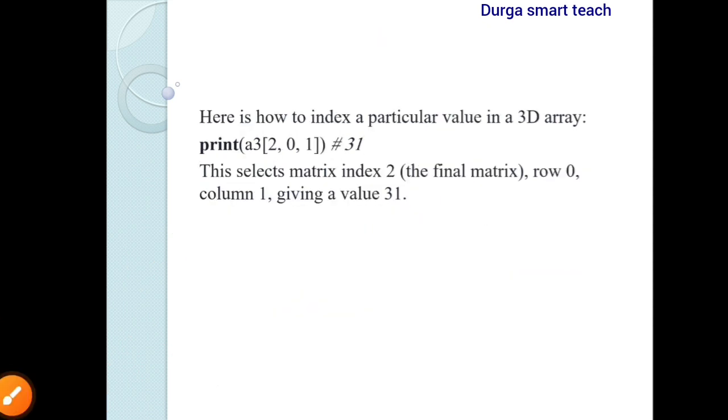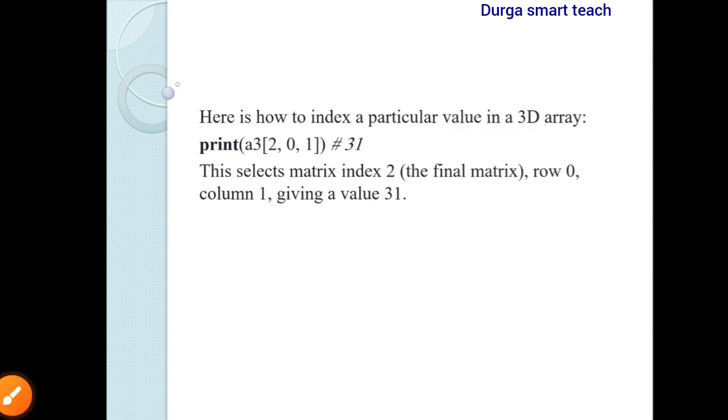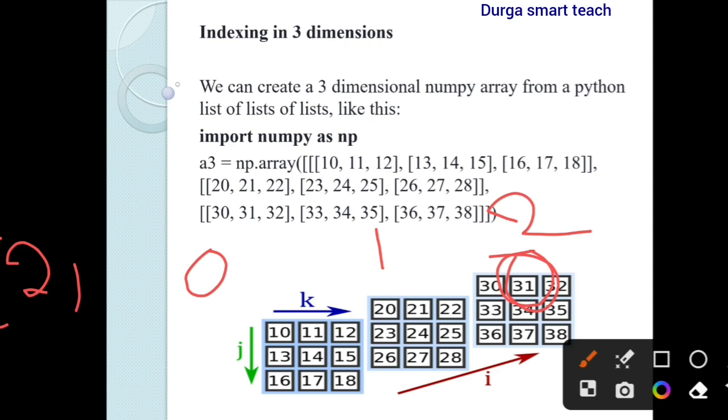So here, how to index a particular value in a 3D array. If you want to access 31, here there is the 0th plane, first plane, second plane. So 31 is present in the second plane, and what is the row?